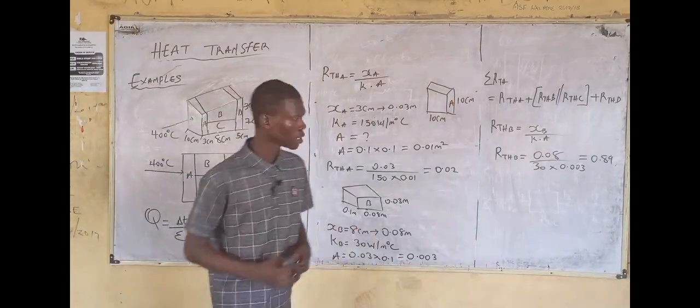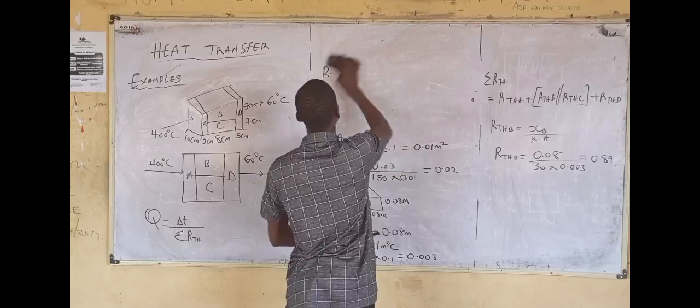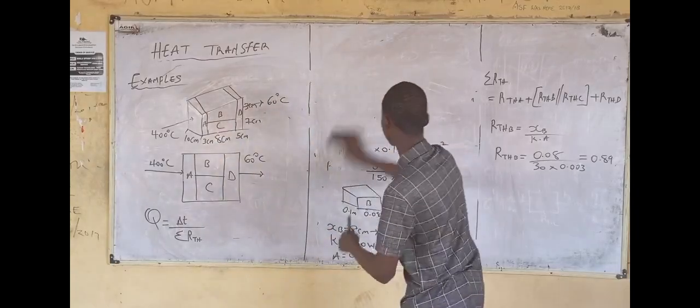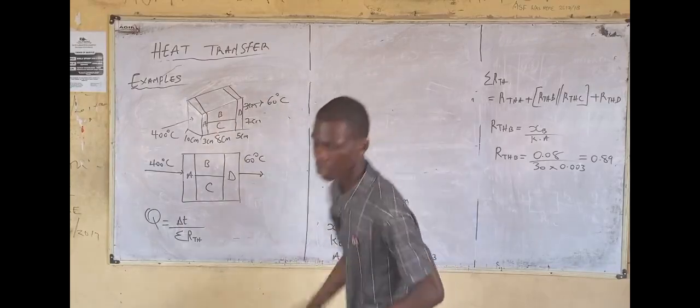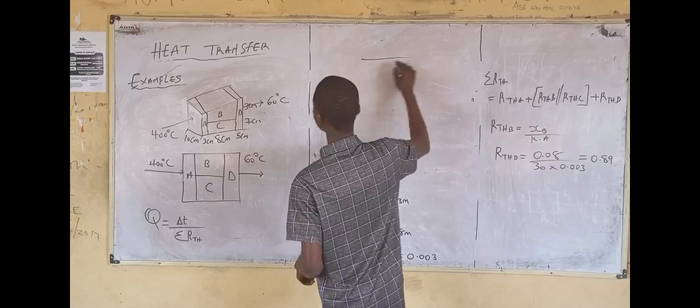Moving on to the next one, wall C. For wall C, let's bring out the wall. In this composite wall, let's bring out wall C. Bringing out wall C from this composite wall, we have something of this nature.